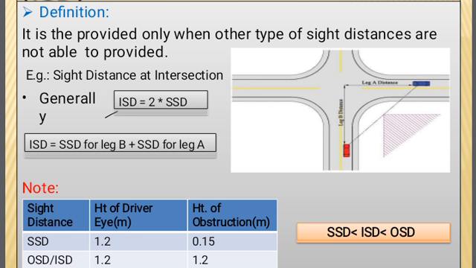It is called safe sight distance or lateral sight distance.